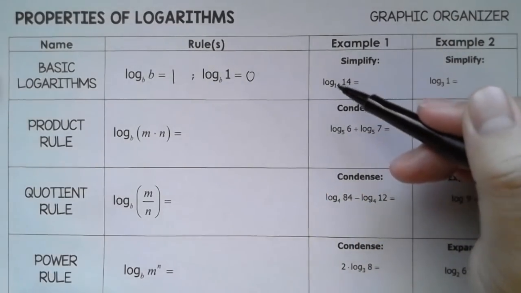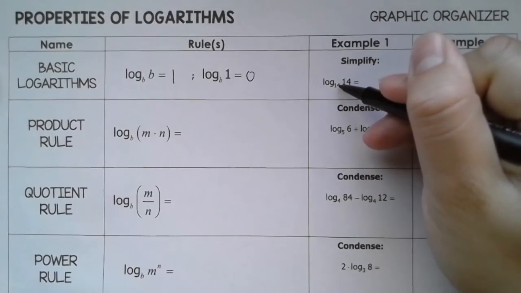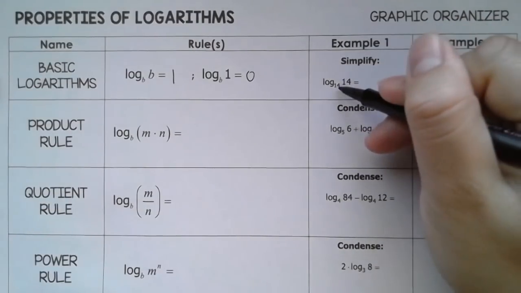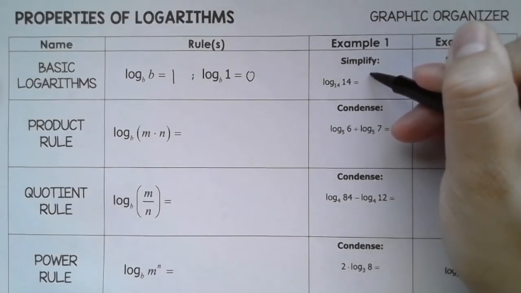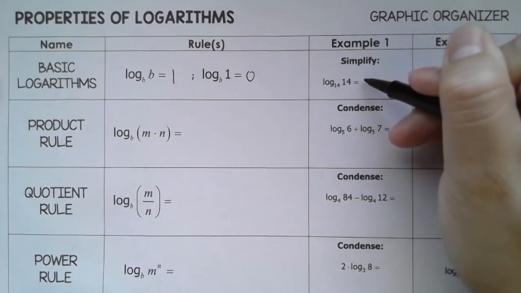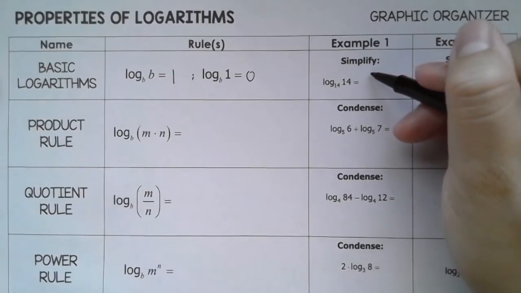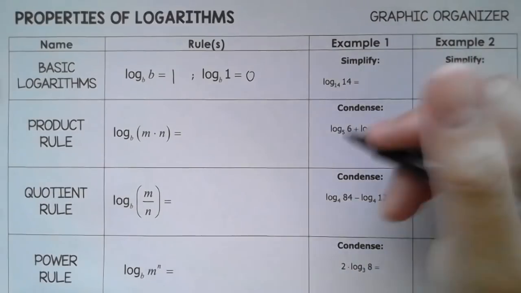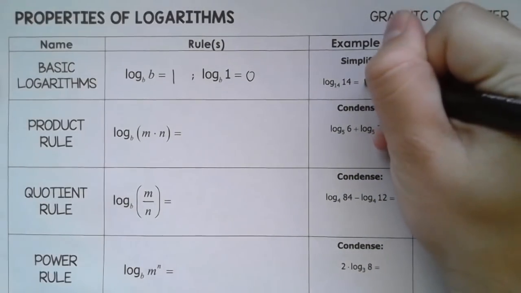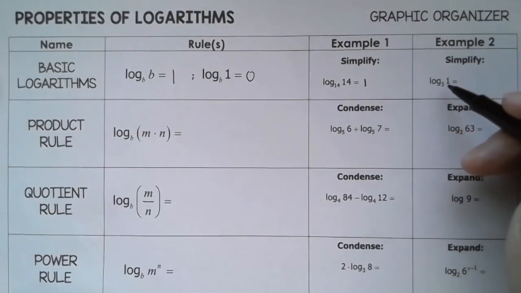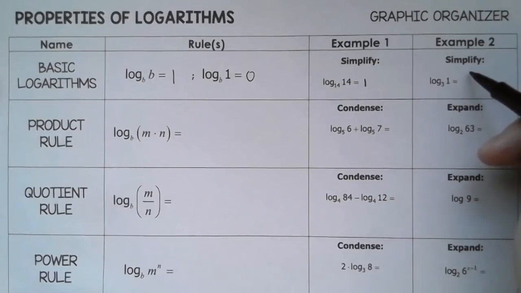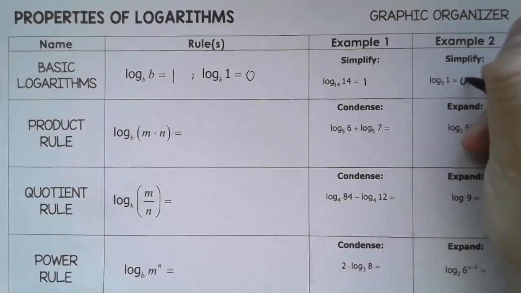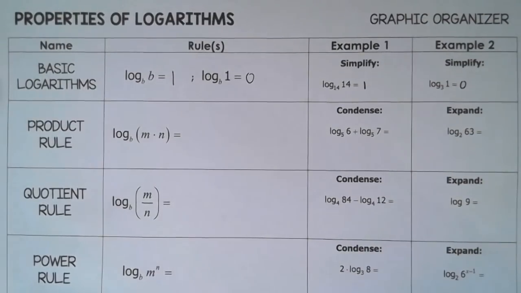If you make this an exponential expression, 14 to some power is equal to 14. 14 to the 1 will give you 14, so any base to the 1 power is always going to give you that same base, so it's 1. Here you'll push this over to the side, so you get 3 to the x is equal to 1. Any base to some exponent to give you 1 is going to be 0. Anything to the 0 power will give you 1.